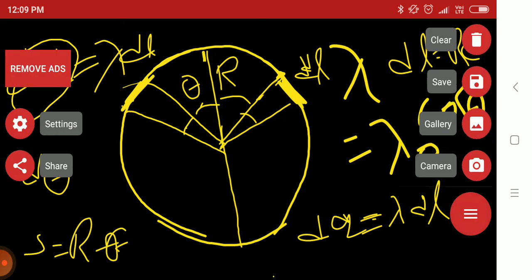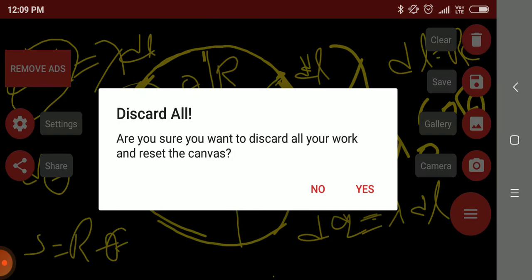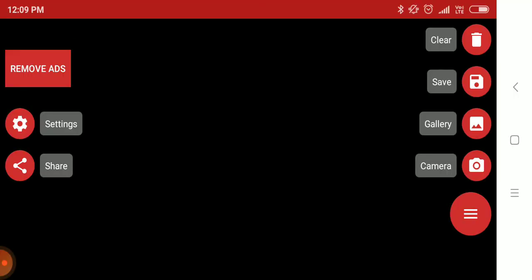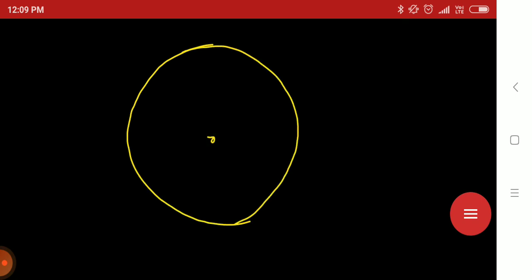Let me draw it more clearly. First, the circle. It is the center.